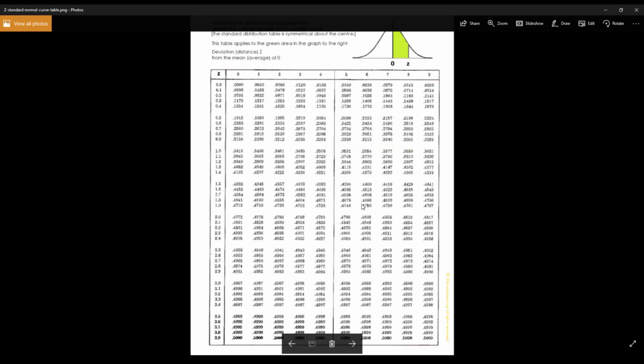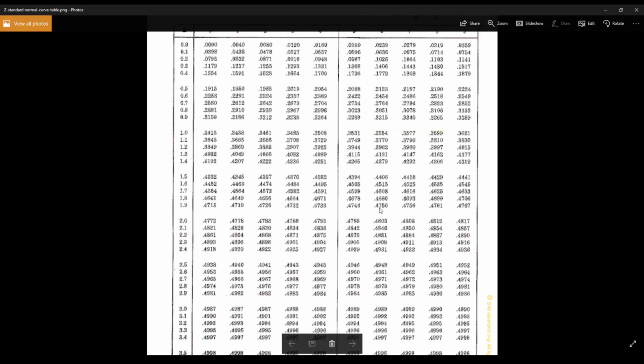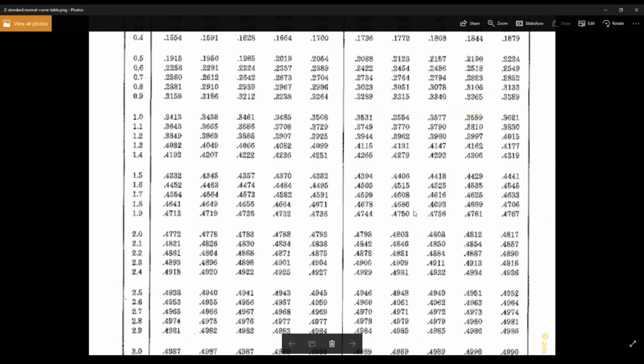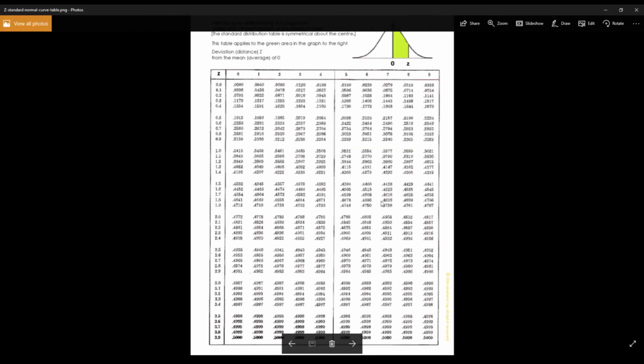Well, if I look at this table, I can see that 0.5 minus 0.4750 is 2.5%, or 0.025, and that is associated with a z-value equal to 1.96. So from 0 to 1.96 is the cumulative area of 0.4750. Well, I know 0.5 is between 0 and infinity.